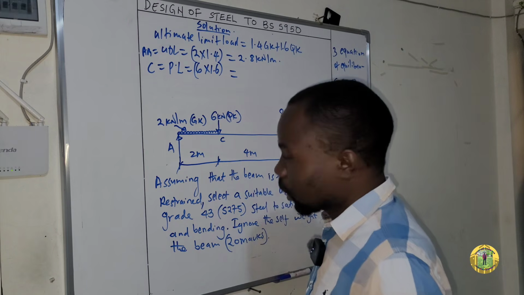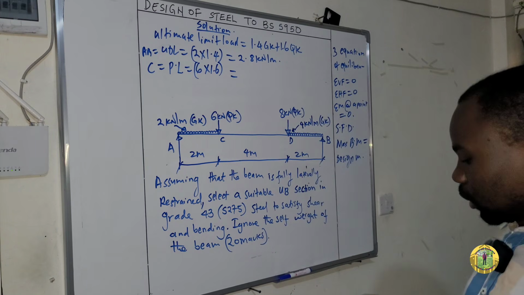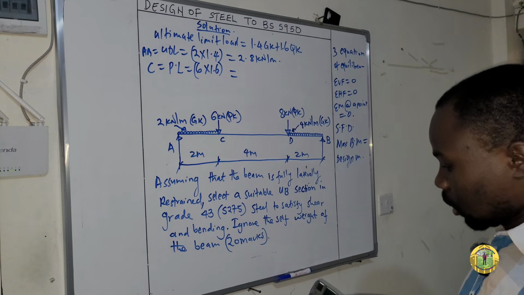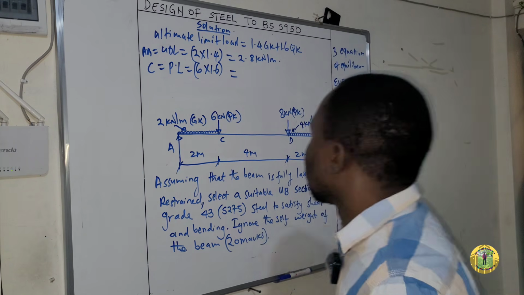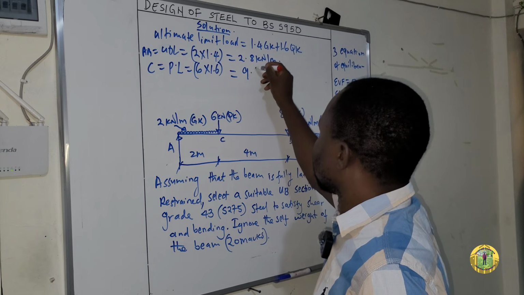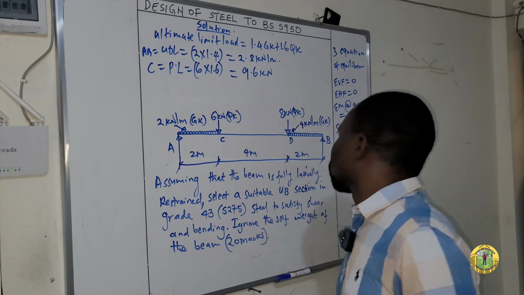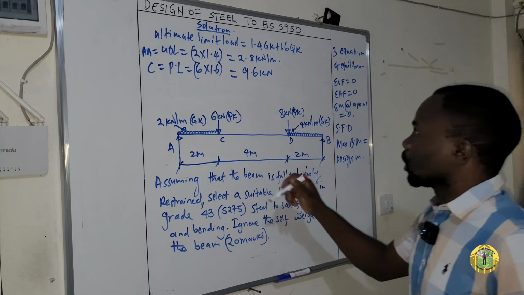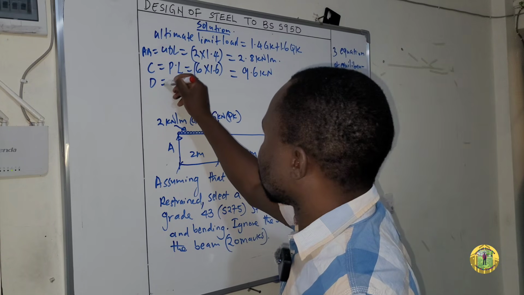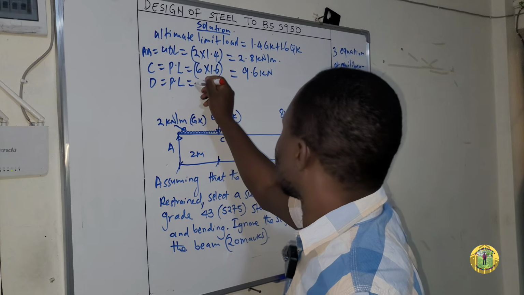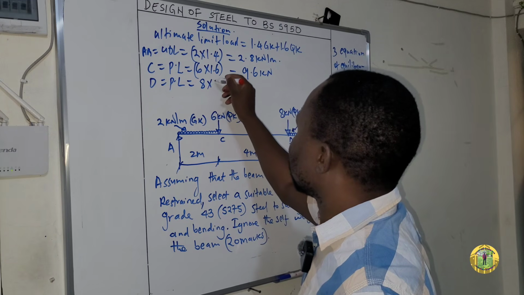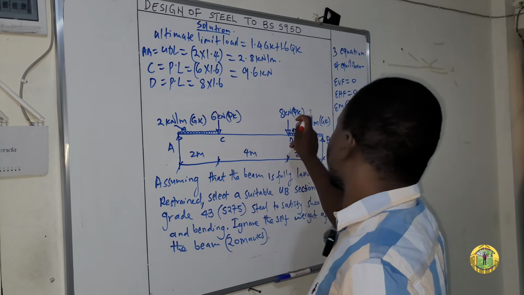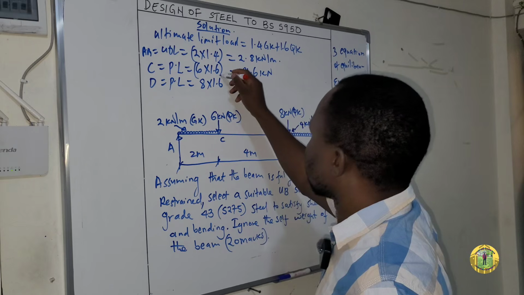So this is 9.6 kilonewton. We'll come to point D. At point D, we have a point load of 8 kilonewton. So it's 8 times 1.6 because it is a QK.